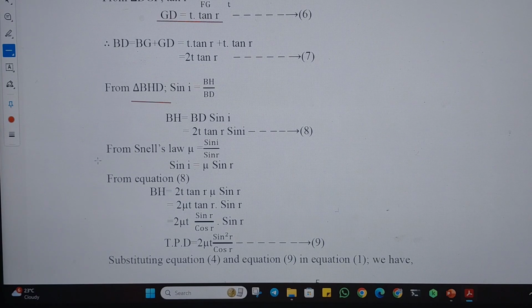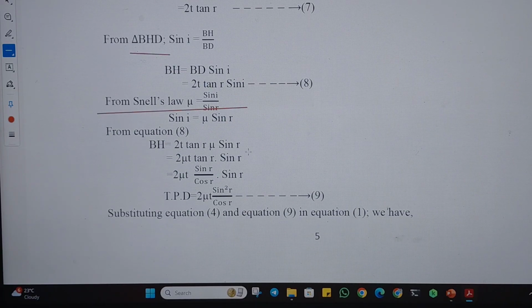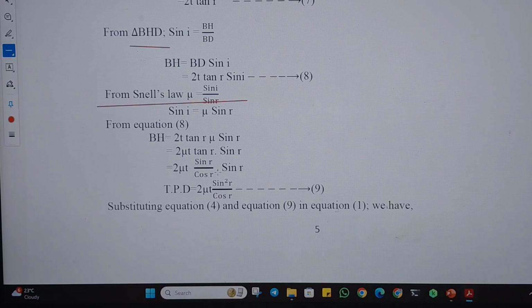Snell's law, mu equal to sin I by sin R, that is sin I equal to mu sin R. So from both equations, the total path difference will be 2 mu t cos R, 2 mu t cos R sin R by cos R.